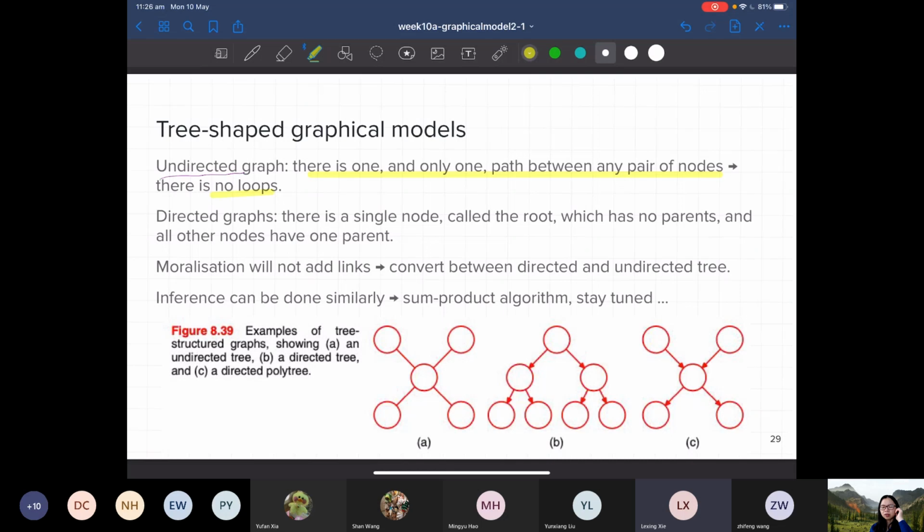You might say, wait, we know that in a tree, every node has only one parent. Where does that come from? And where is the root of the tree, and so on? So there's a simple result in graphs and algorithms, if you have seen them: for an undirected graph, any node can be the root.